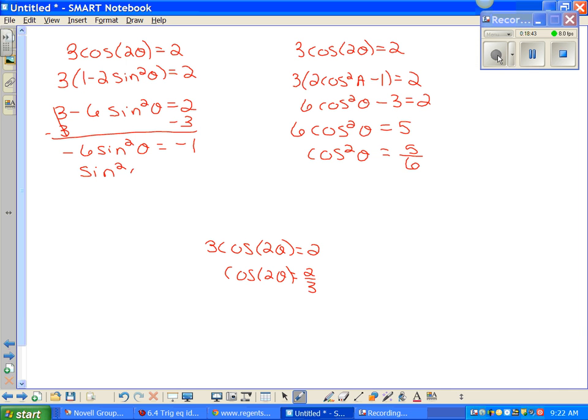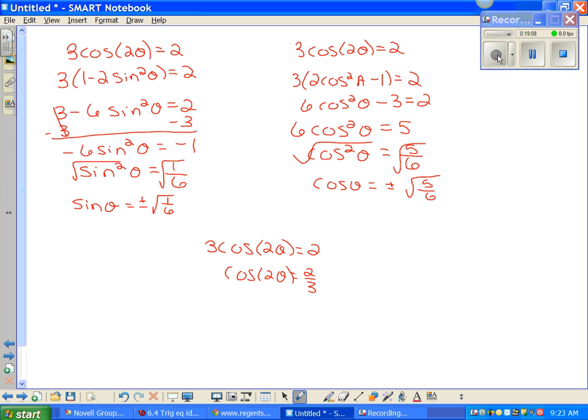Divide. Okay. Now what? Yeah. When I take the square root, I have to remember to do what? Plus and minus. Good. So sine theta equals plus and minus the square root of 1/6. Cosine theta equals plus and minus the square root of 5/6.